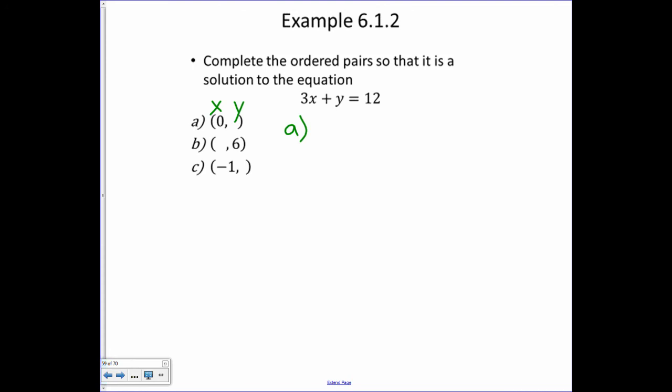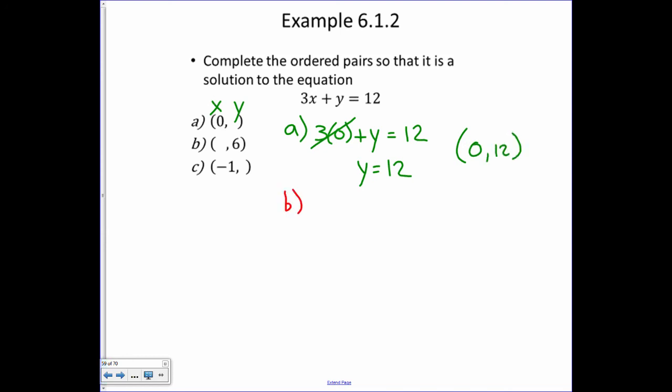For part A, here we have x equal to 0. So 3 times 0 plus y is equal to 12. Well, 3 times 0 is just 0, and so you get y = 12. And so the ordered pair would be (0, 12).